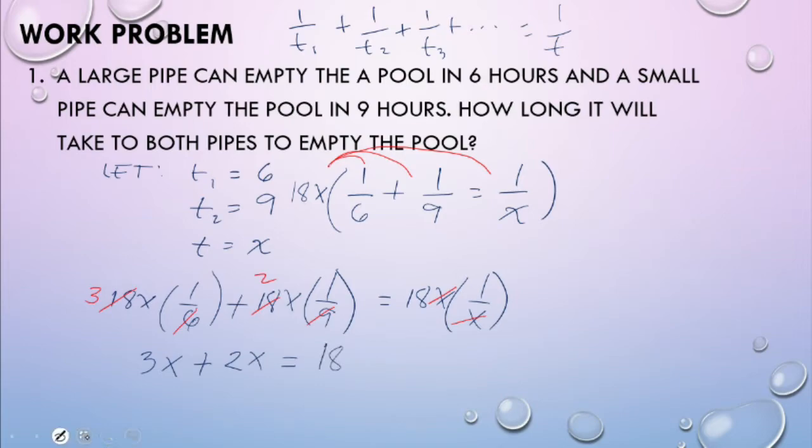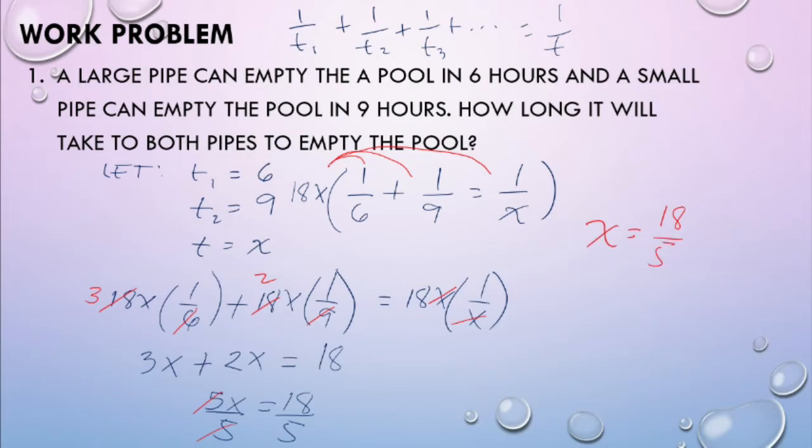Okay? Then, let us add 3x plus 2x is 5x equals 18. Then, to remove 5, we can just divide both sides of the equation by 5. Okay? So, we can now cancel out 5. So, therefore, the value of x is 18 over 5.